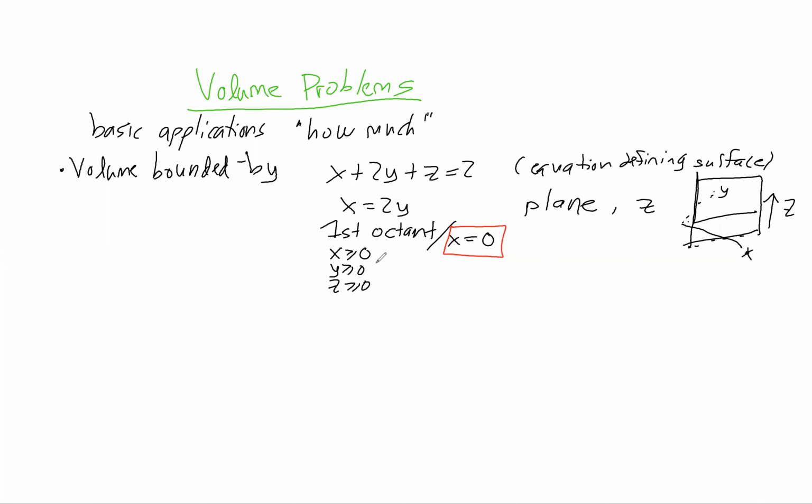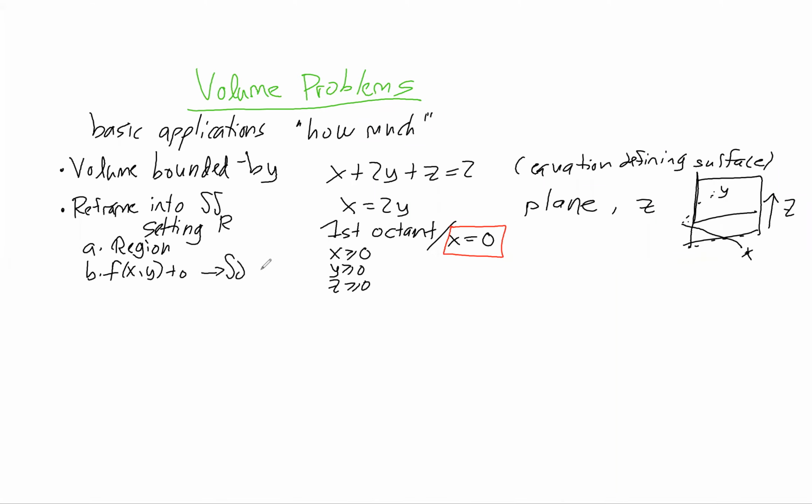So it's a similar idea. This kind of does not look like an integral problem, so you need to reframe it into the double integral setting. And so that means you need a region and you need a function to integrate.